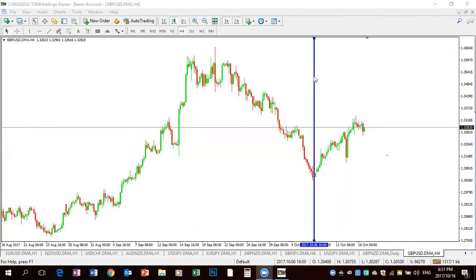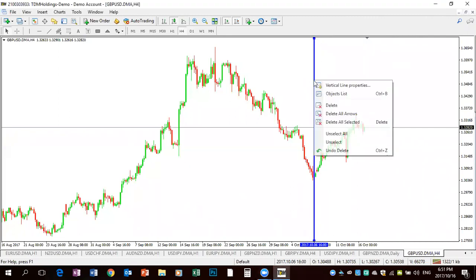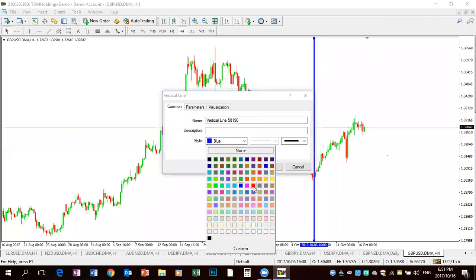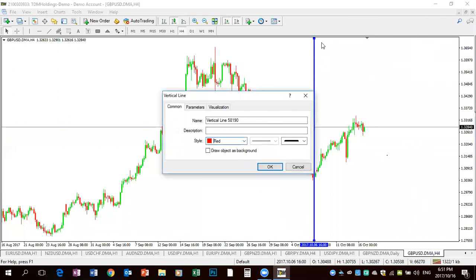If you want to change anything in your vertical line, you just right click on it and you'll find vertical line properties. You can make it bigger, or change the color, let's change it to red.